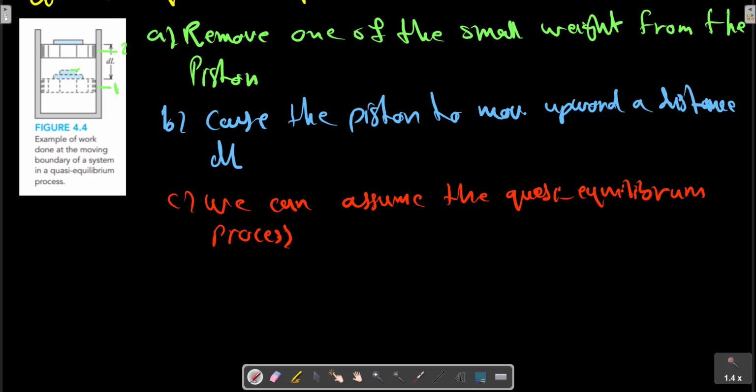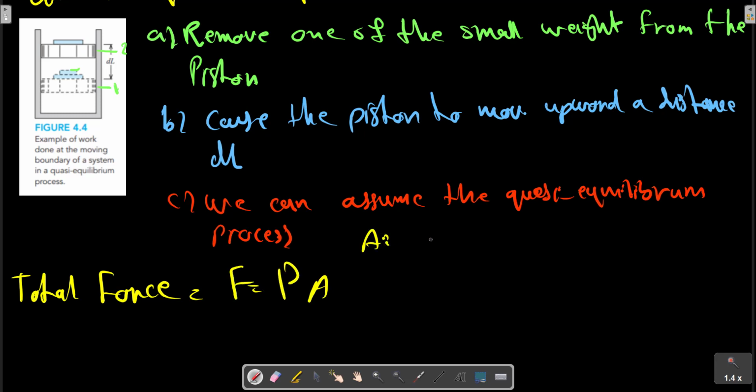The total force on the piston equals PA, where A is the area and P is pressure.